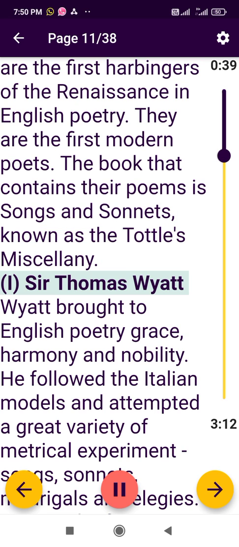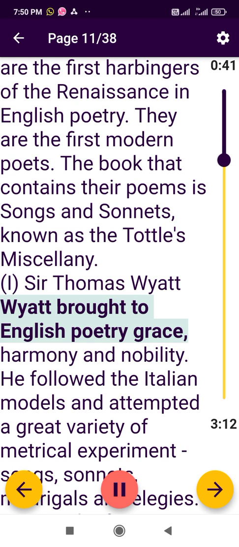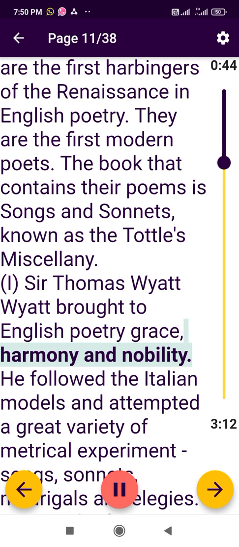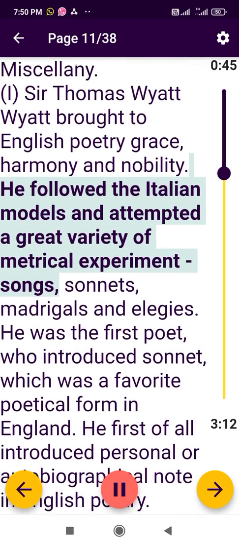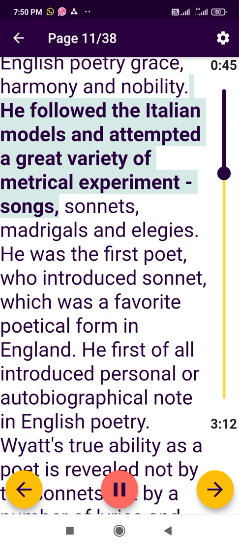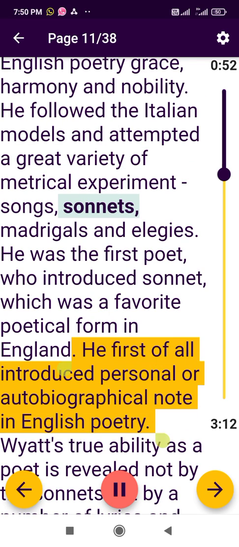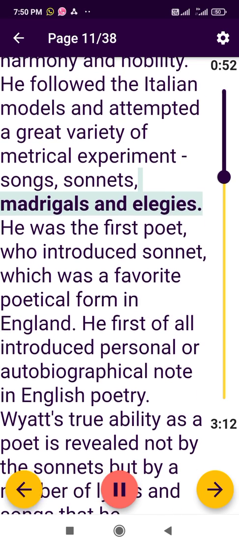I. Sir Thomas Wyatt. Wyatt brought to English poetry grace, harmony and nobility. He followed the Italian models, and attempted a great variety of metrical experiment: songs, sonnets, madrigals and elegies.